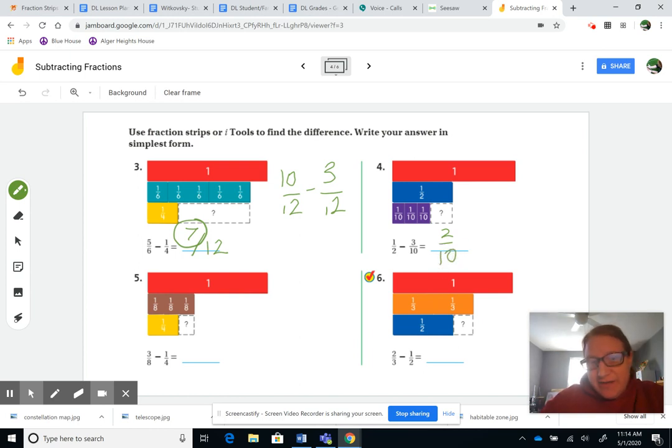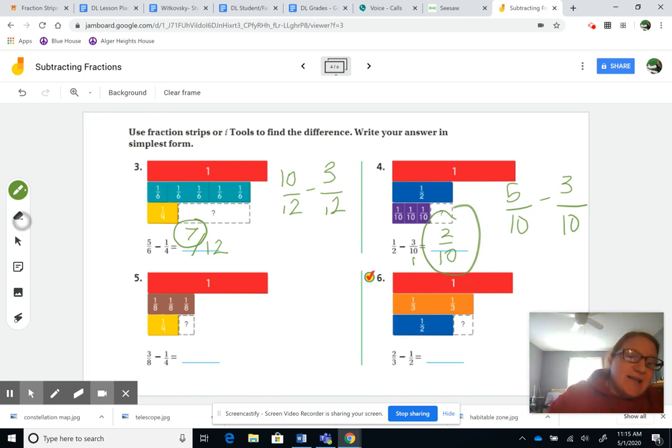And I'm going to do the same thing I did for number 3. 3/10 is already in tenths, so I don't have to change it. But how do I go from 2 to 10? Multiply by 5, right? 1 times 5 is 5, and 5 minus 3 is 2. So our answer is correct.